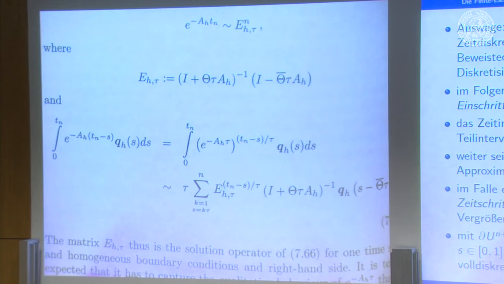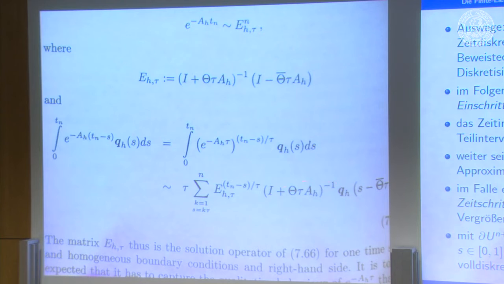In German, the Rechtecksregel. So we apply the lowest order Newton-Cotes formula. In each small time interval, we approximate by a constant, so we get this constant value times tau. The only variation which comes in is by this matrix.